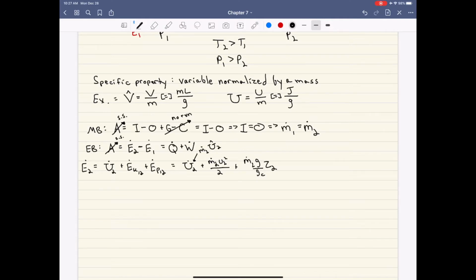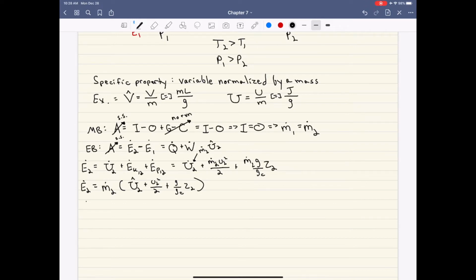All right? So that now when I write my total energy term, what I could do is pull out the mass flow rate terms here. And now what I have in these parentheses is just the specific internal energy plus the velocity squared over 2 plus gravity times the height of the stream.